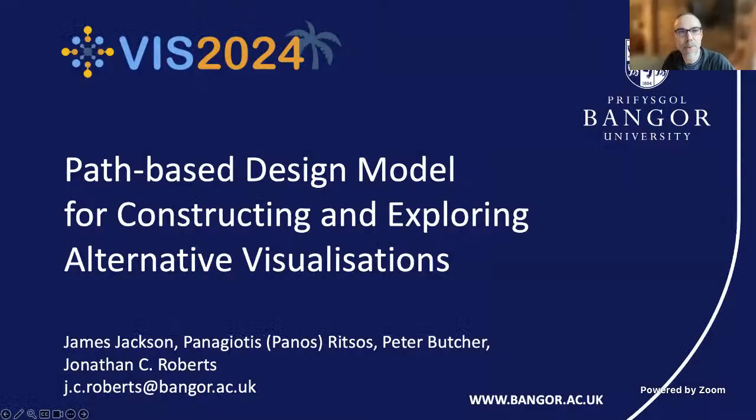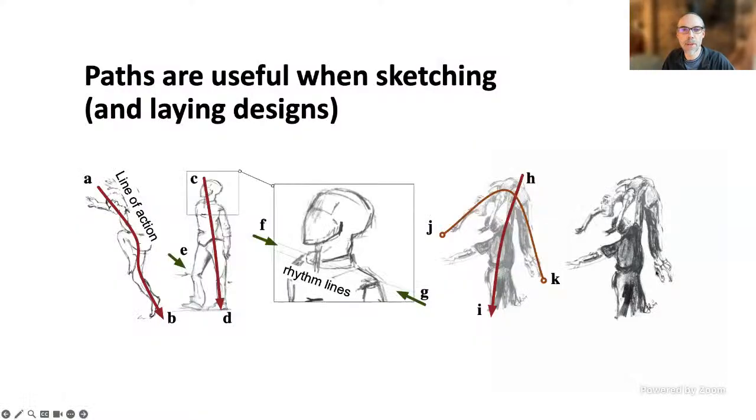Yep, thanks. That's better. Okay, so I'm going to be talking about this idea of a path-based design model with the aim to construct and explore different alternative visualization designs. So we can imagine that we have sketching, and I've been doing a lot of sketching of people and humans. And one of the techniques when you're sketching is to lay down these lines of action.